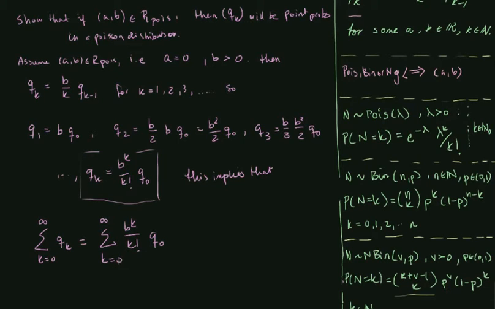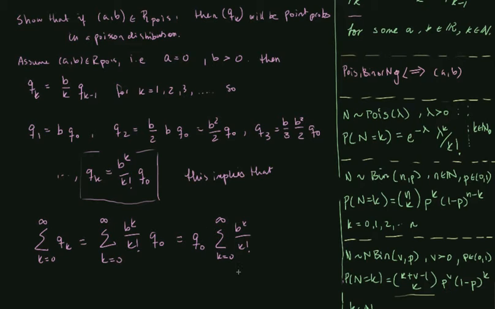And in the case where k is equal to 0, I just have q0. I can also include that in my sum because b to the 0 is 1 and 0 factorial is 1. So I can just write the sum of qk from 0 to infinity, and this is equal to q0 multiplied by the sum of b to the k over k factorial.